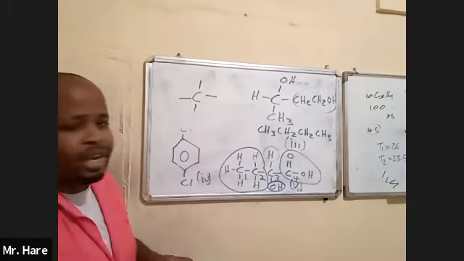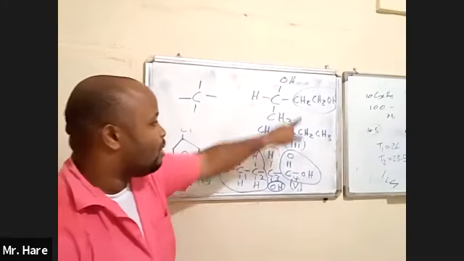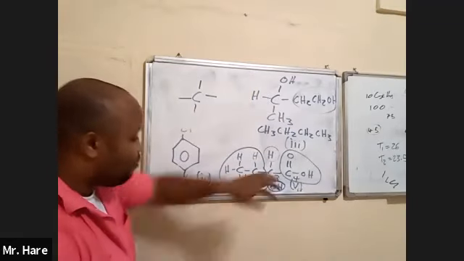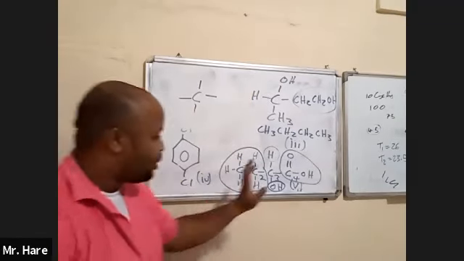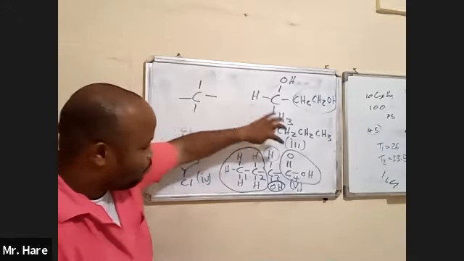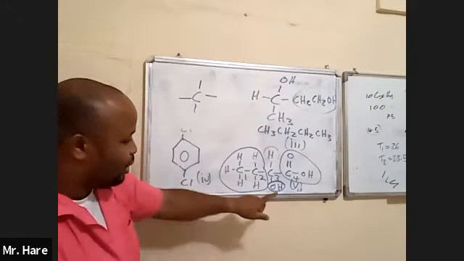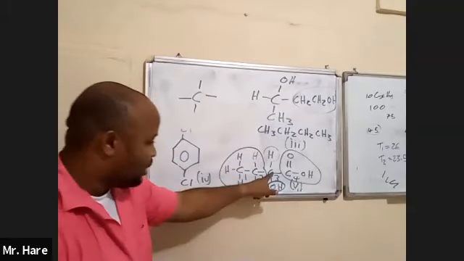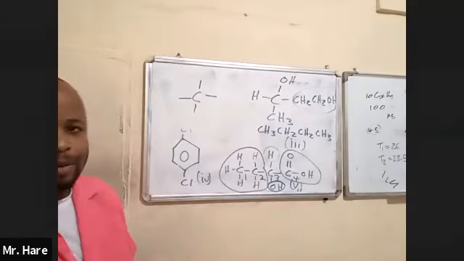So it's not like we're just looking for the atom directly attached to it. Everything to the left, everything to the right, is a group. So we have an ethyl group, carboxyl group, hydrogen, and OH. So 4 different groups. That is why this is a chiral carbon.